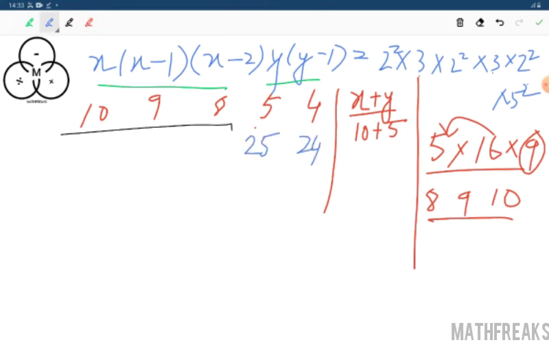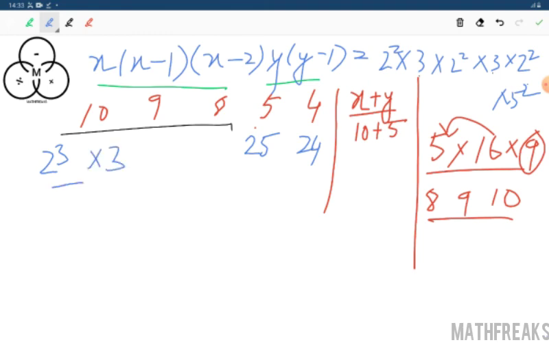25, 24. Okay. 25 is possible. 24 is also possible, because we have so many 2's. 25 and 2 squared. We are left with 2 to the power 3, and 3 is also taken.